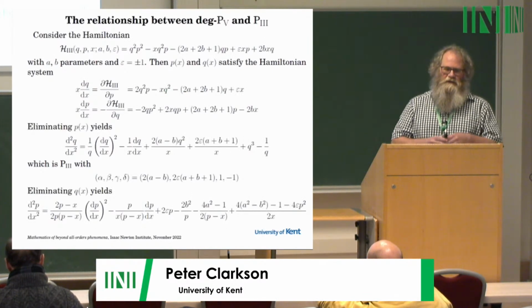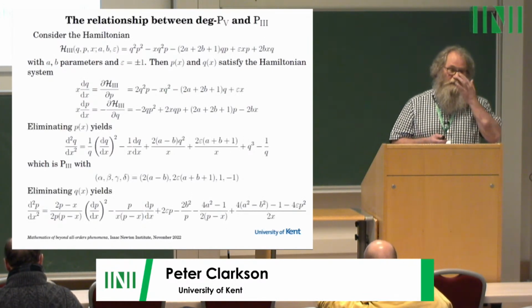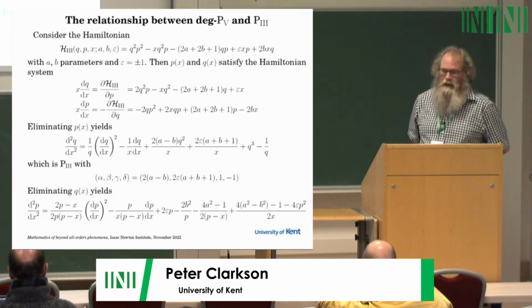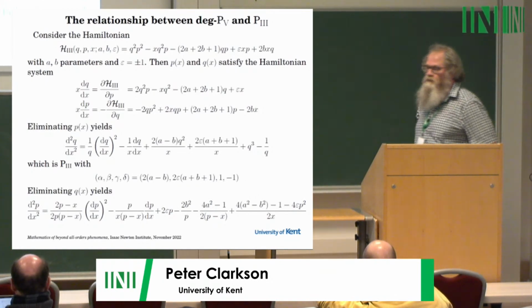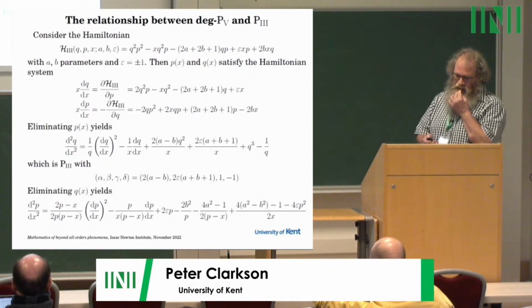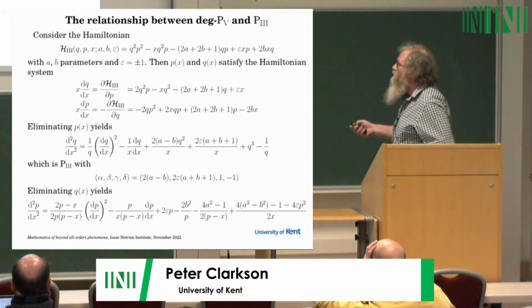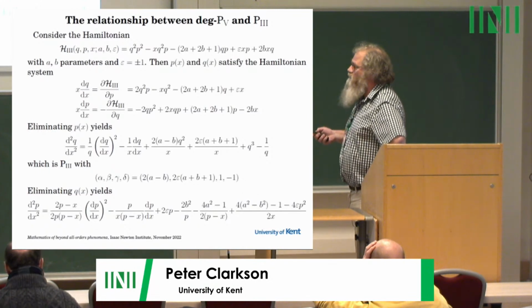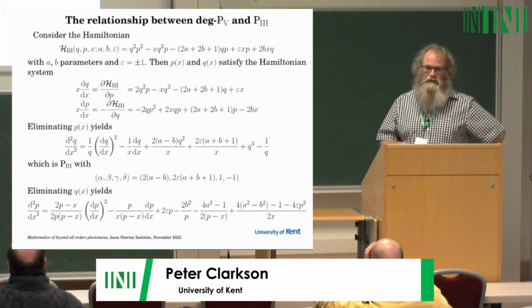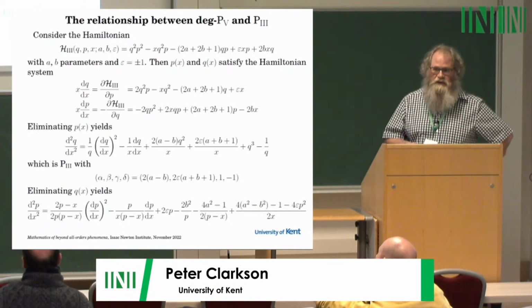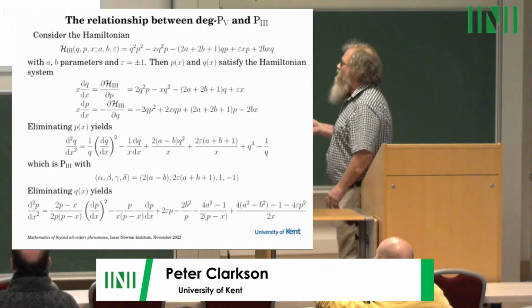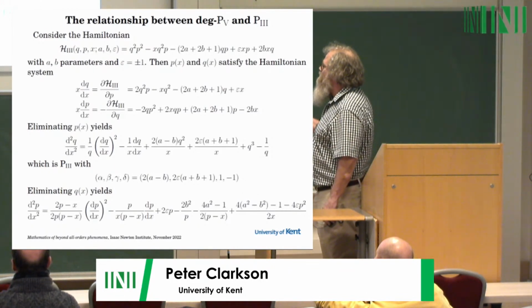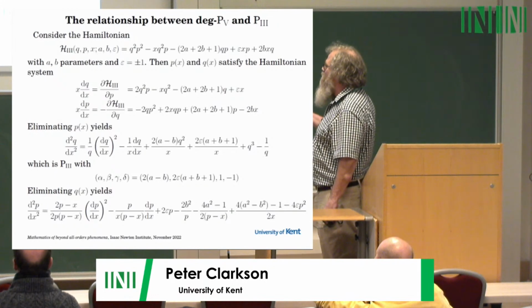So there is a relationship between degenerate Painlevé 5 and Painlevé 3 through the Painlevé 3 Hamiltonian. So this is the Hamiltonian for Painlevé 3; all of the Painlevé equations have a Hamiltonian. The one aspect about them is they're non-autonomous since they explicitly depend on the independent variable.